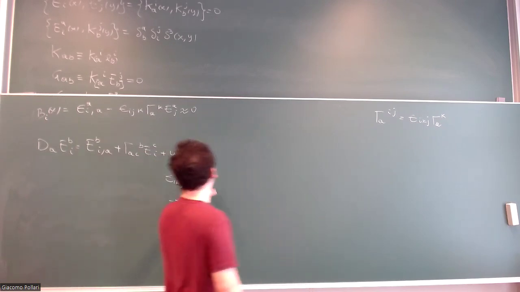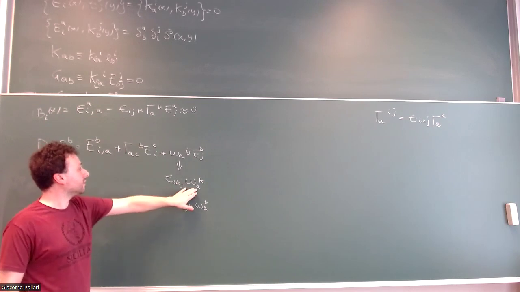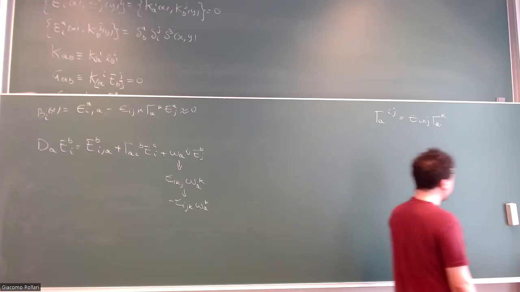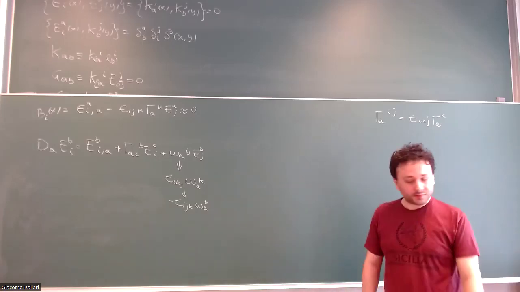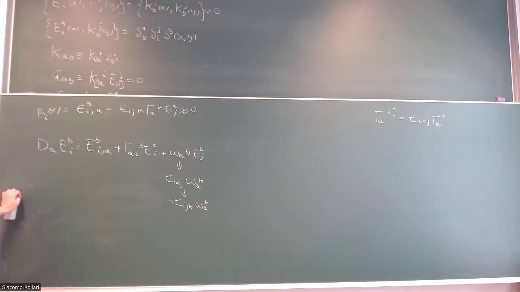All right, and then actually you have to say that this omega is a density of weight. I don't like it. So anyway, you're using again that you can raise and lower indices trivially. I would write the I downstairs.